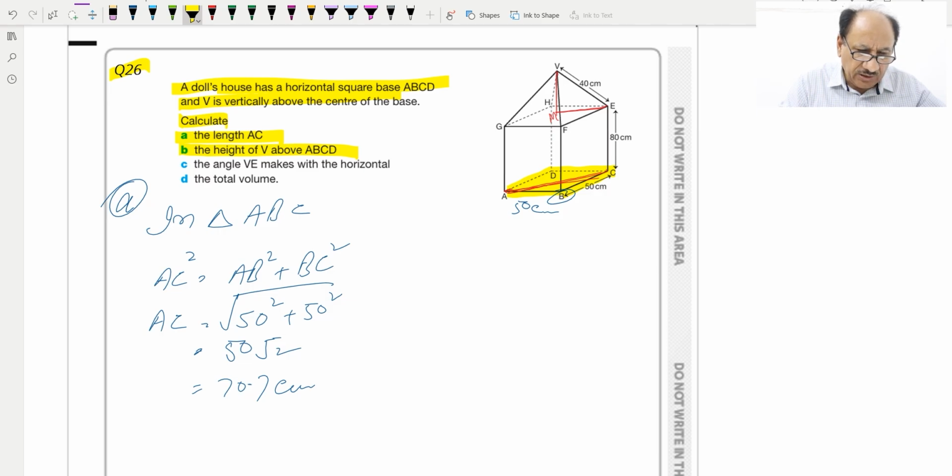So what we will do, we will find ME, which is basically required. Which height is required? VM is required.